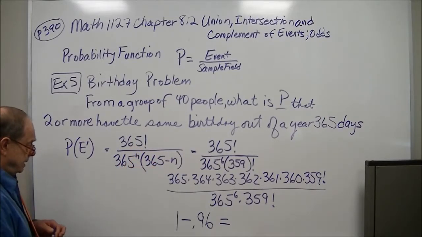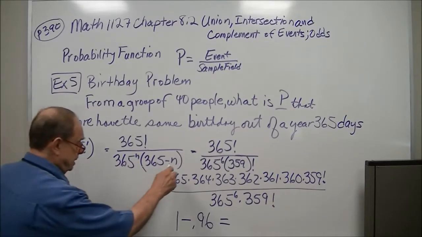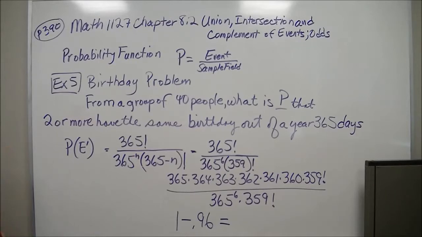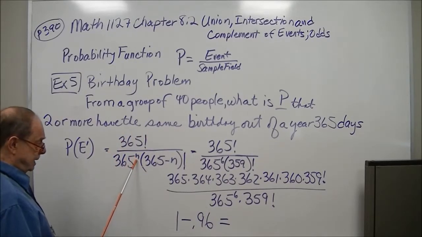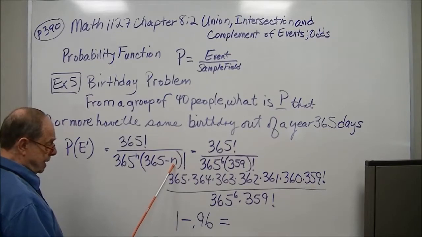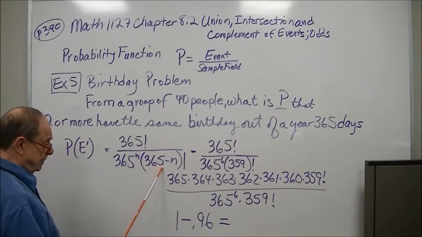And then it's this as well, but I forgot the factorial there. Now, when you calculate this, if we are using N as 6, then it's going to be 365 to the 6th power. And then you have to subtract 6 from 365.